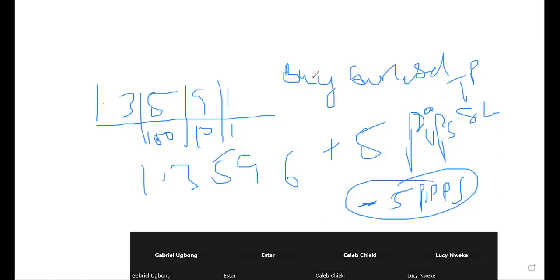Now, if I want to tell you EUR/USD is in profit, I will not just tell you in profit. As a good Forex trader, I will tell you EUR/USD is running plus 23 pips in profit. Are you getting where I'm coming from?